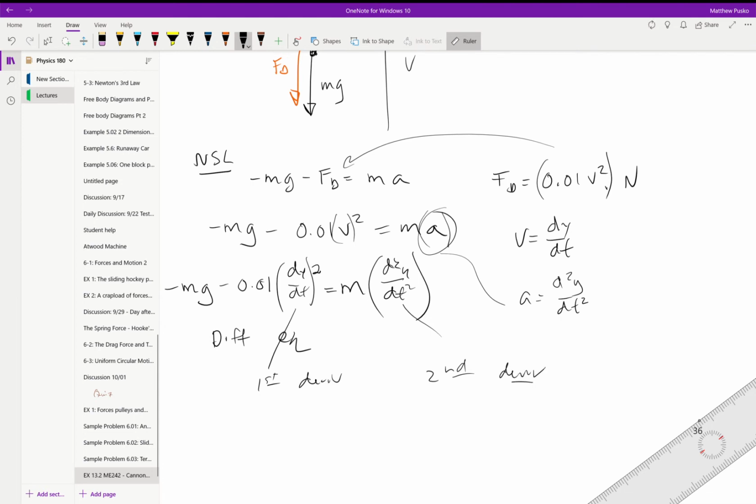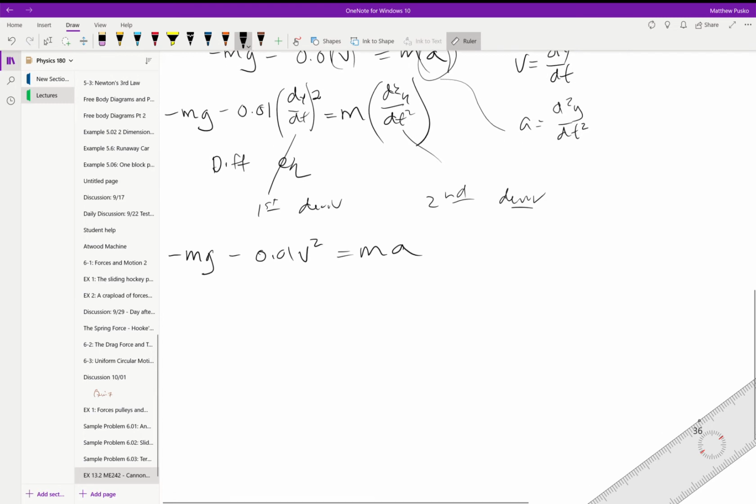You'll take a class on how to solve those. But in this case, if we leave it as minus mg minus 0.01 v squared is equal to mass times acceleration, and then solve for acceleration, we can actually work with it by using some of our very first definitions that we ever introduced.